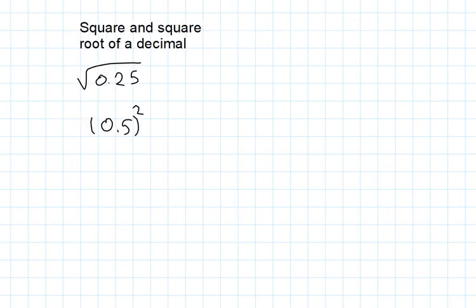So the last thing, let's look at the square root of decimals. The easiest thing to do is to convert them to fractions and then see if you can solve it.